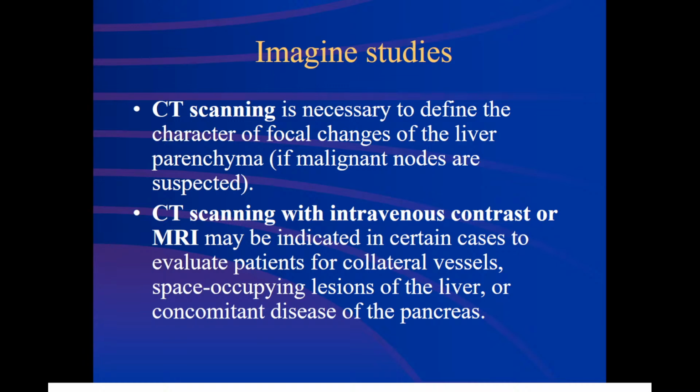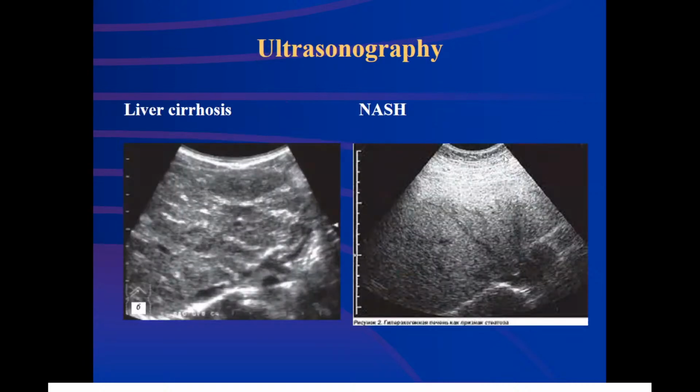CT scanning is necessary to define the character of focal changes in the liver parenchyma if malignant nodules are suspected. You saw previously, in case of liver cirrhosis, there are some areas with another color compared with surrounding tissue.